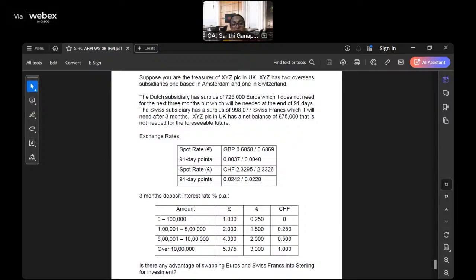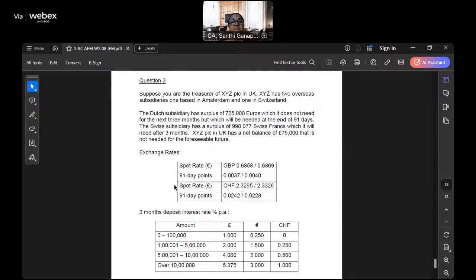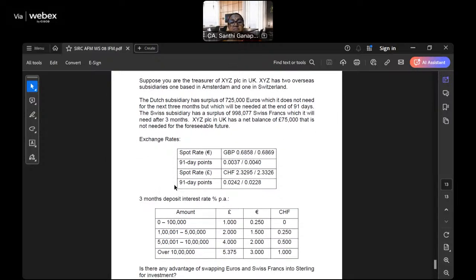Have you considered? Are you clear? Two options are there. Each place you simply invest locally or you consolidate everything and invest. Two options are there. What do you have?